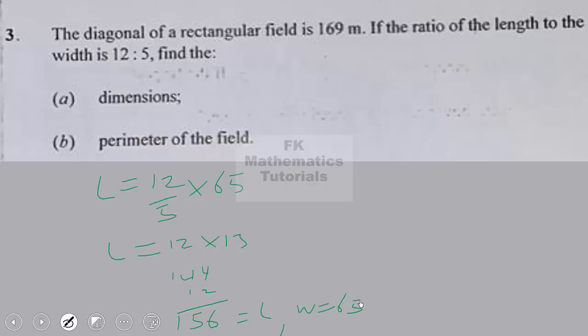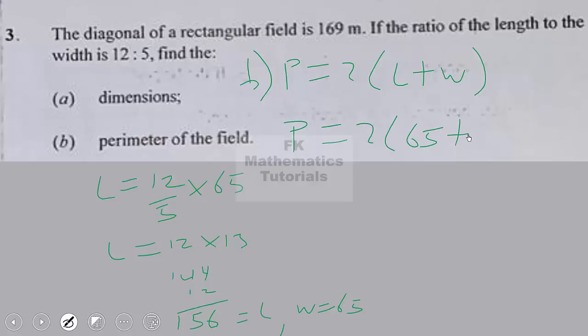Then the perimeter of a rectangle, so the B part, the perimeter is equal to 2 times length plus width. So P will be equal to 2 times the bracket 65 plus 156. So 65 plus 156: 5 plus 6 is 11, carry 1, then 2, then 2, which gives 221.